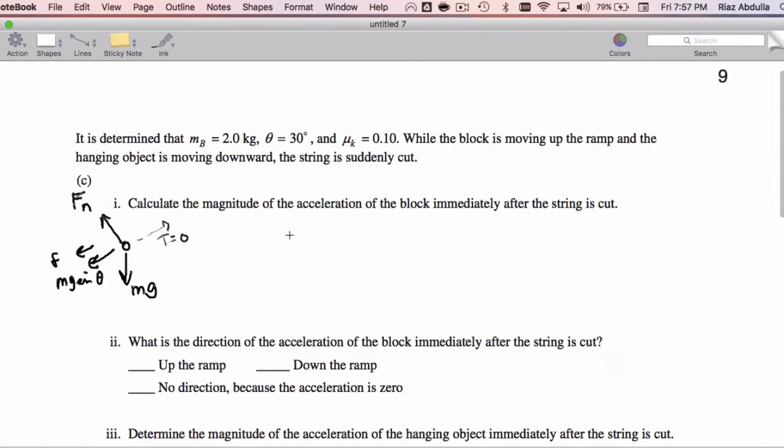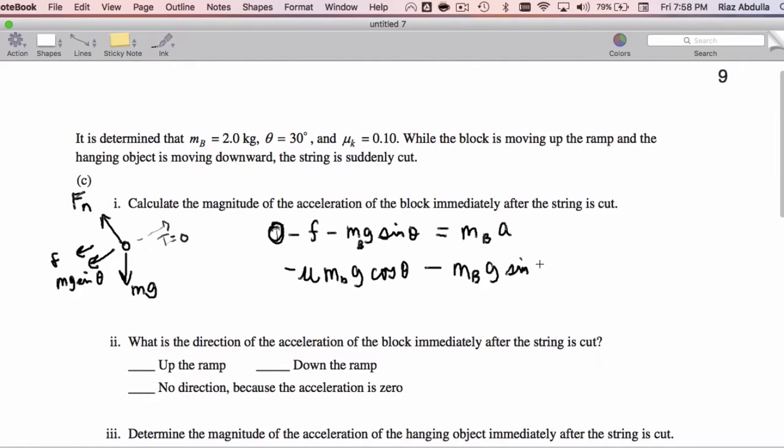So what's going to end up happening is negative f minus mg sine theta equals the mass of the block times a. And you can set up a little T here like you did before, but this is going to equal 0. And remember, friction is mu m_b g cos theta, minus, and we'll take away from there the mg sine theta part, and that's going to equal m_b times a.